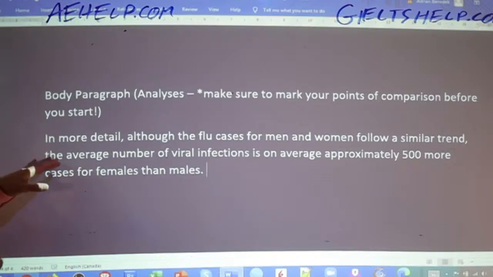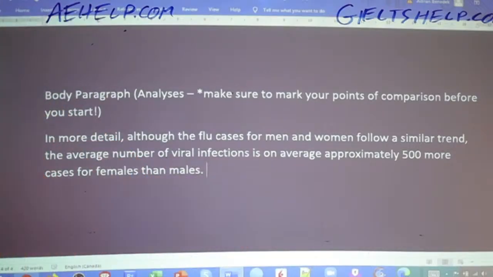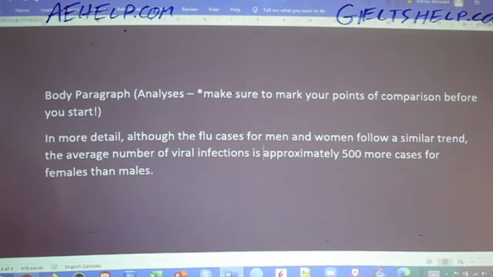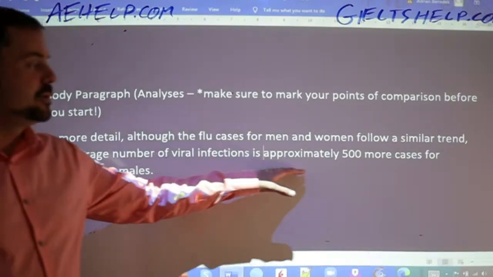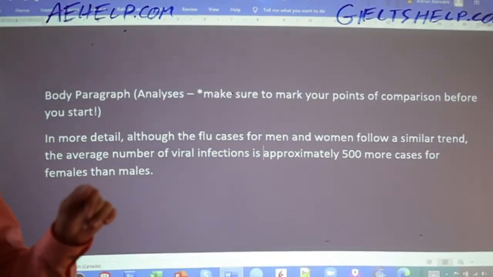Okay, so the average number of viral infections is approximately, speaking, teaching, reading comments. Sometimes my brain wanders. But yeah, there we go. So let's fix that. The average number of viral infections is approximately 500 more cases for females than males.